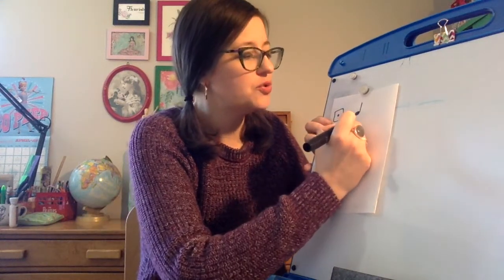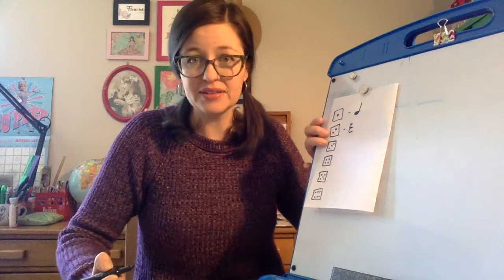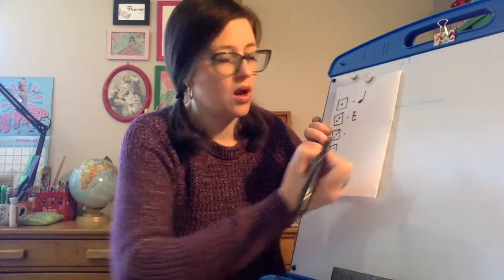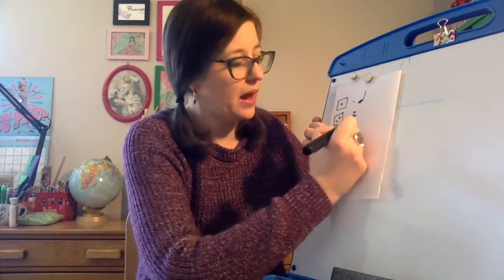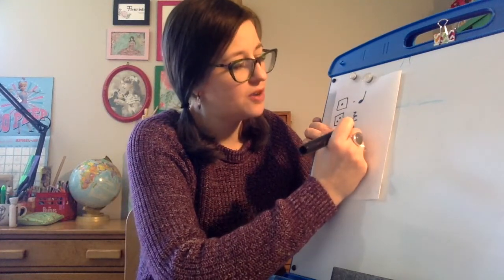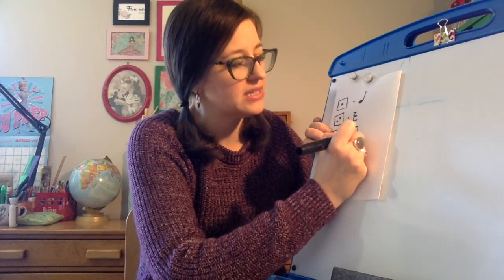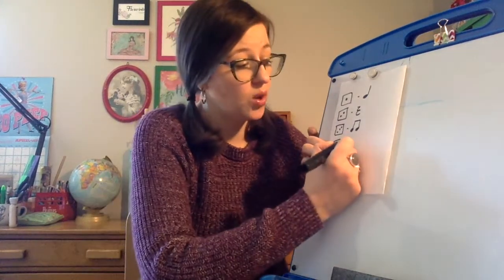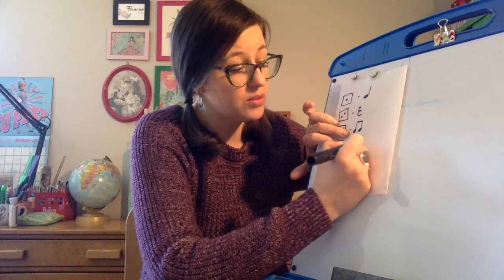For my 2, I'm going to go with a quarter rest. For my 3, I think I'll do a pair of 8th notes, or a TT. You might just want to repeat what you've already come up with. That would be just fine.